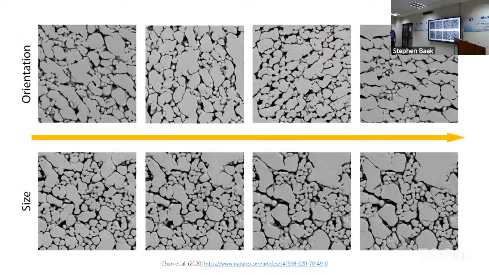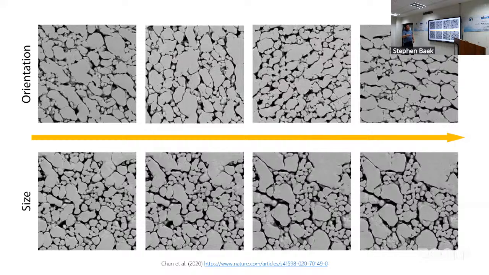Of course, out of those many Z's, there are Z components that correspond to the orientation of the crystals. There are Z components that correspond to the size of the crystals. And by turning the knobs, what you can do is to generate images with particular orientation of the crystals, or generate images with variable size.